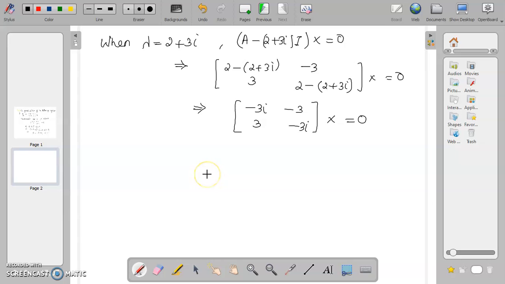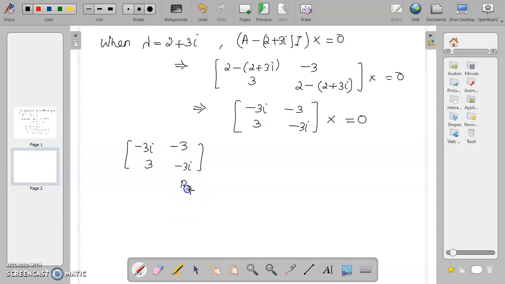So you take the matrix minus 3i, minus 3, 3, minus 3i.